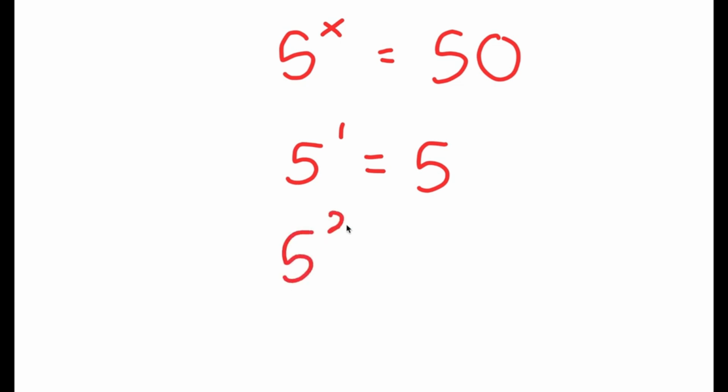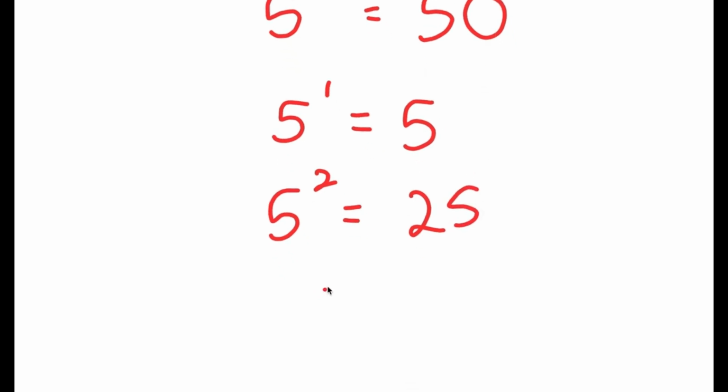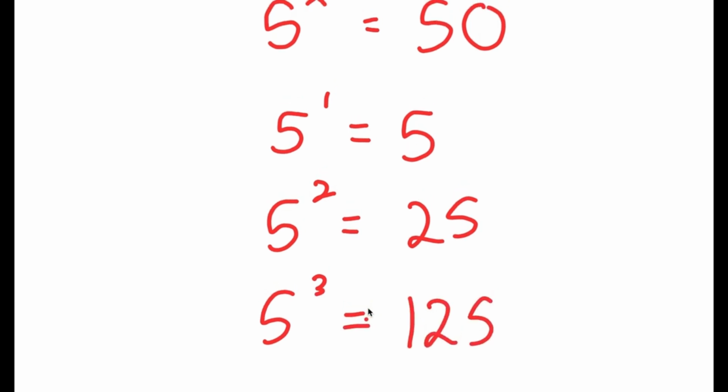Now if x equals 2, I get 5 to the power of 2, which is 25, and this again is too low. Now if x equals 3, then I have 5 to the power of 3, which is 125, and this is way too high. So we know that the value of x is going to be somewhere in between 2 and 3, meaning it's going to be a decimal.